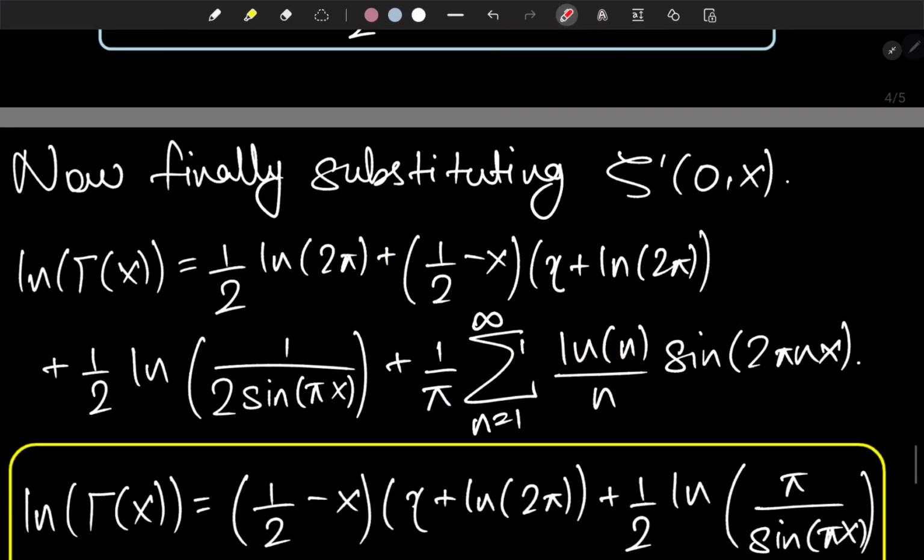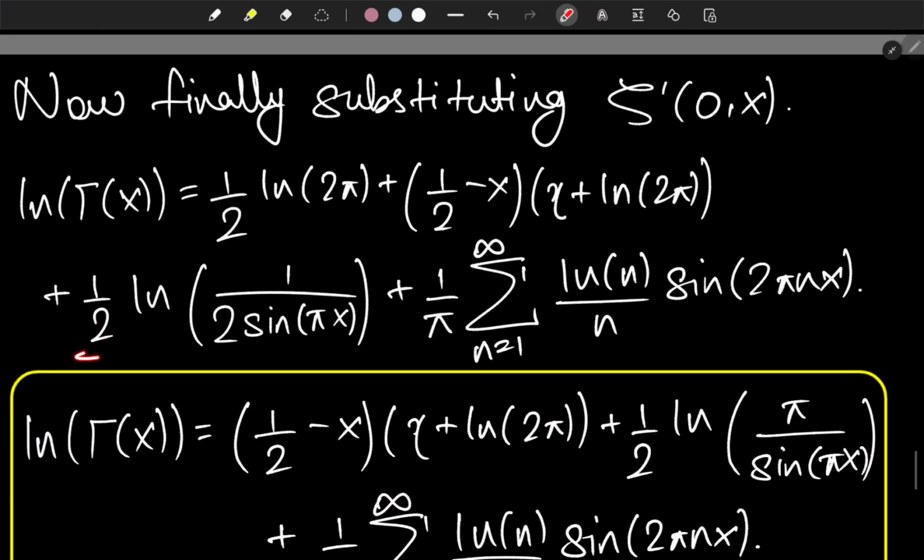So this big part is the derivative of the Hurwitz zeta function. So it's 1 over 2 minus x times the Euler-Mascheroni constant plus natural logarithm of 2 pi, plus 1 over 2 times natural logarithm of 1 over 2 sine pi x, plus 1 over pi times the sum as n goes from 1 to infinity of natural logarithm of n over n times sine of 2 pi nx.